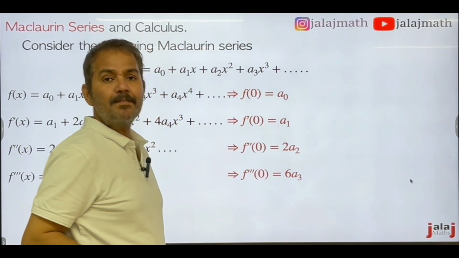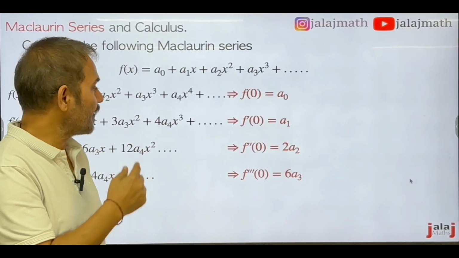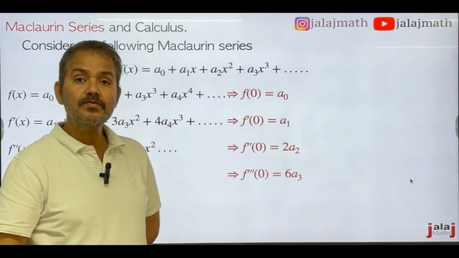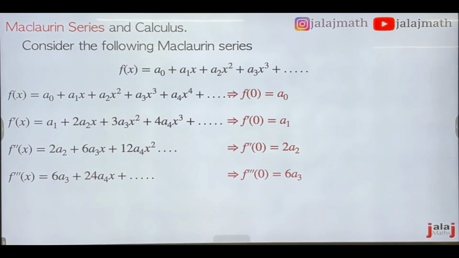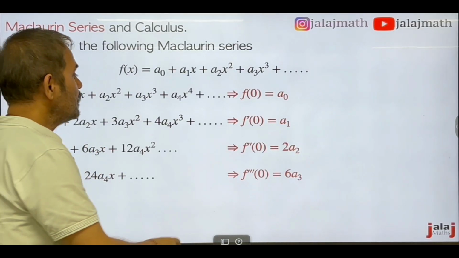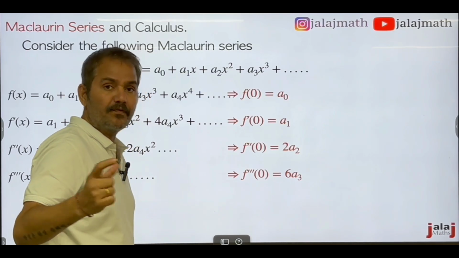We would like to see a pattern here, but we don't have any pattern. So one of the ways to identify a pattern is one of your problem solving skills. What we can do is break these coefficients.